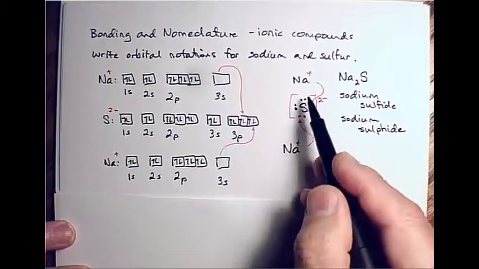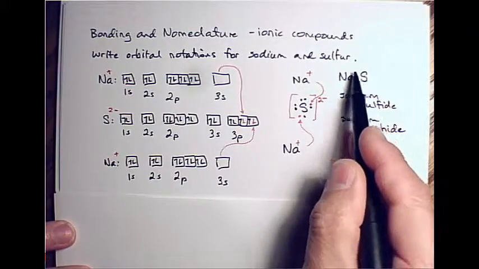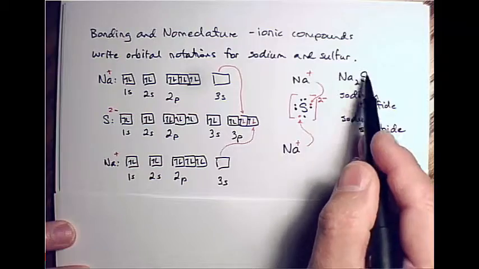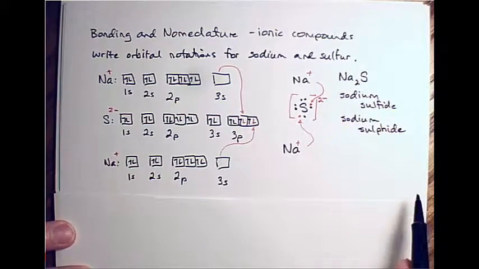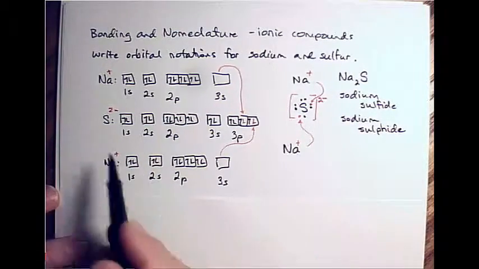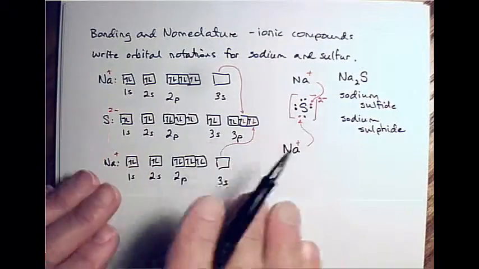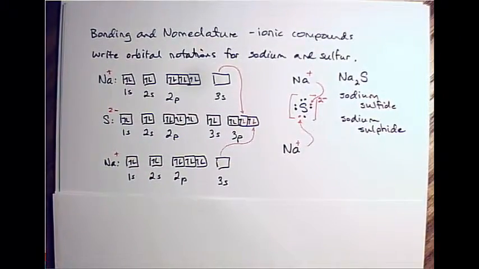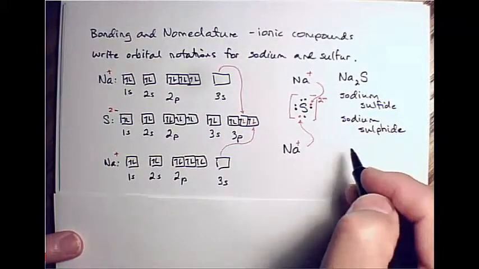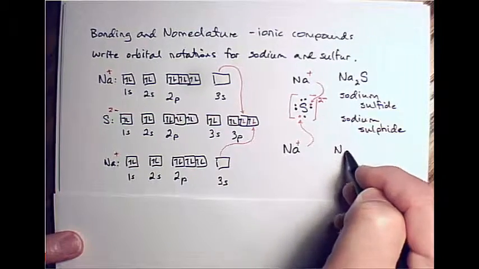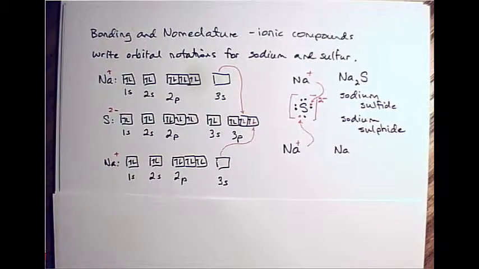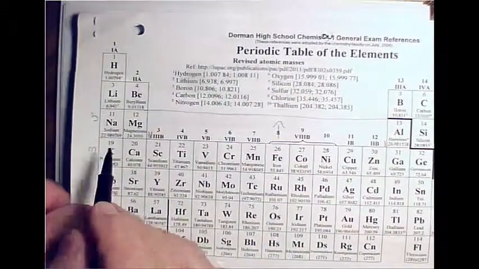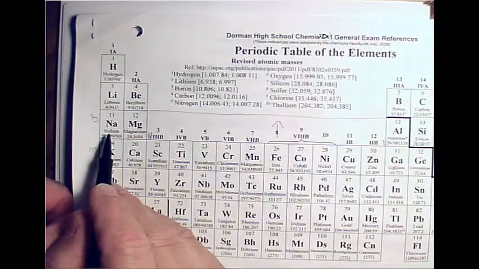let's look at another way to go about writing the proper kind of balanced formula here, okay? There is another way to do this that actually shortens up some of this, and eventually we're going to get completely away from all this and get to this other way of doing it, okay? So we can infer from the periodic table that sodium had 1 electron in its outermost energy level.